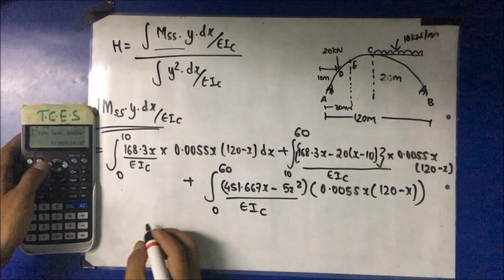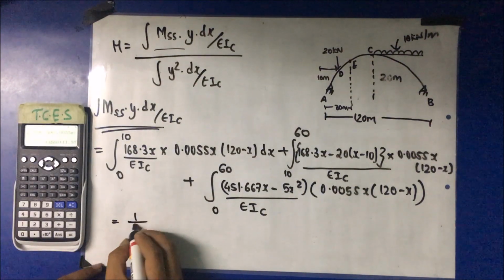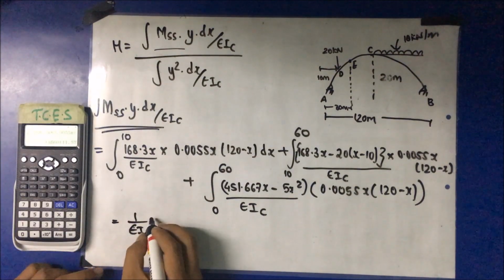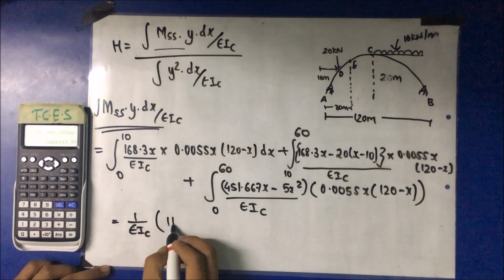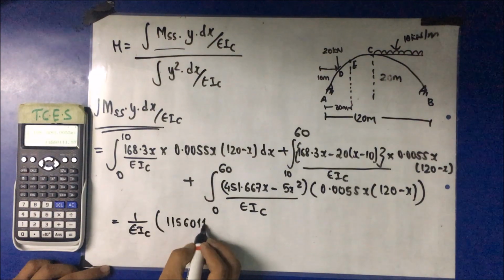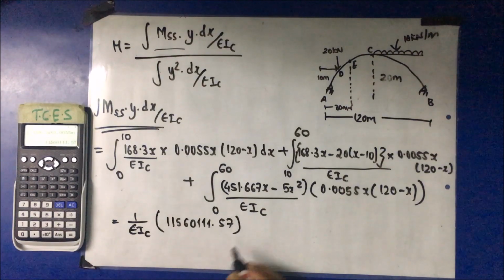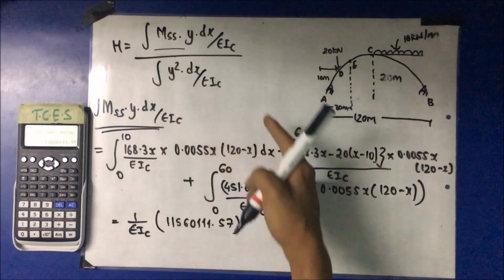We get the value, with 1 by EI_c common, as 1156011.57. So this is the value for the numerator part.